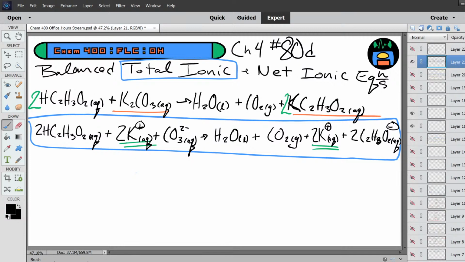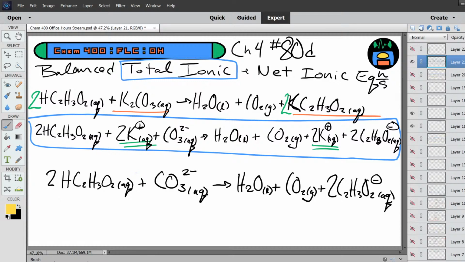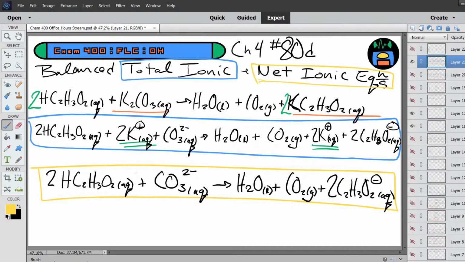So our net ionic equation will be 2 molecules of acetic acid in the aqueous phase reacting with 1 molecule of carbonate, producing 1 molecule of water plus 1 molecule of carbon dioxide plus 2 acetate anions. And this is the net ionic equation.